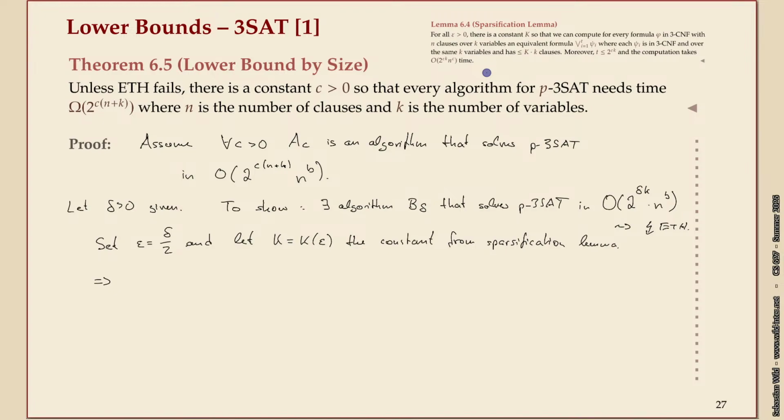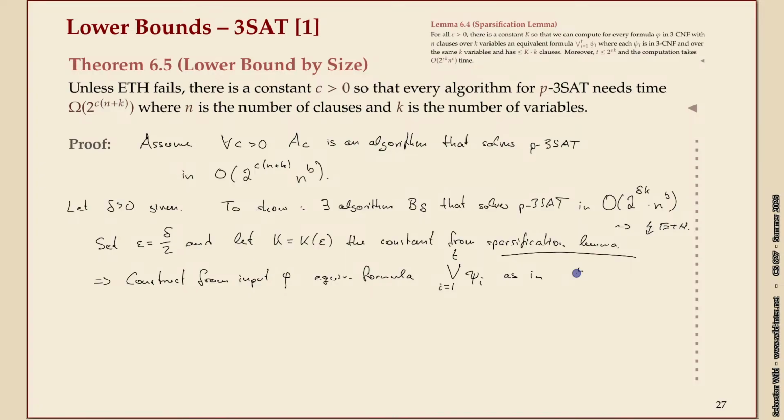You can construct from our given input, the formula phi, the equivalent formula, the big disjunction of psi_i from 1 to t, using the code from the sparsification lemma again.